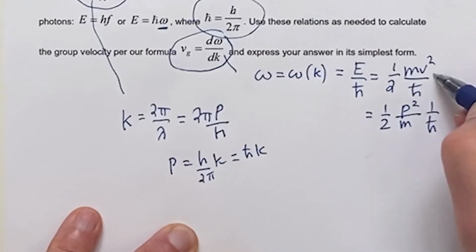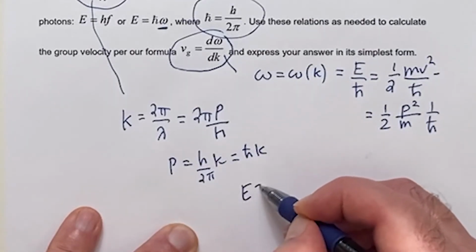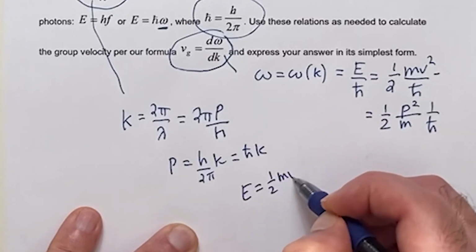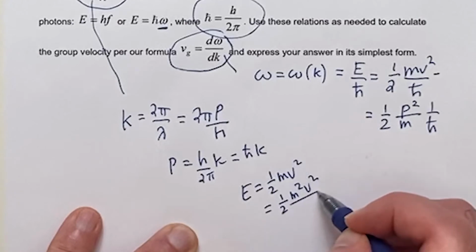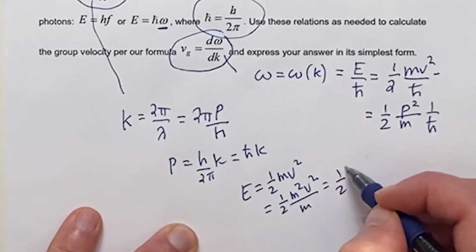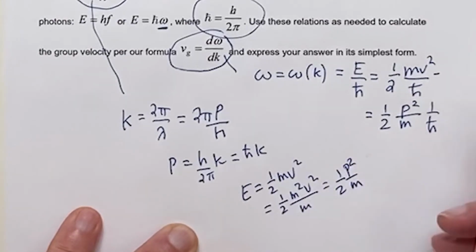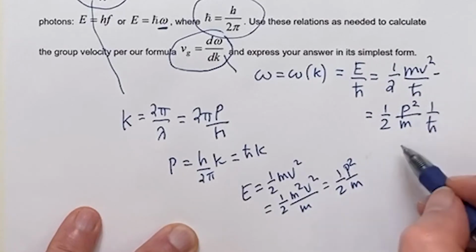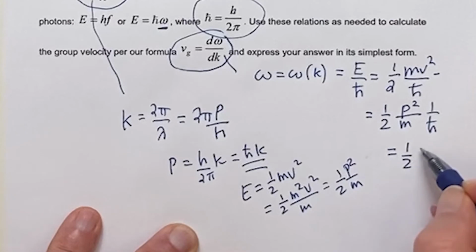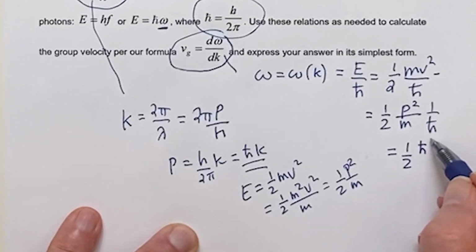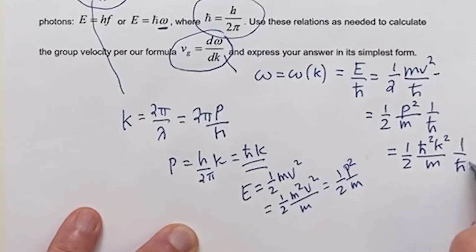So in other words, an old trick here that's used a lot in physics is just to multiply top and bottom by m, like this. And then this is 1/2 p squared over m. So then when I get this far, I can now replace the p with the h bar k. So this is h bar squared k squared over m, 1 over h bar.